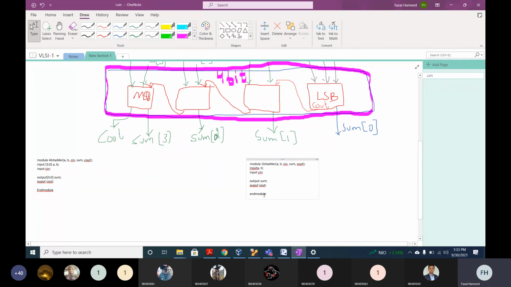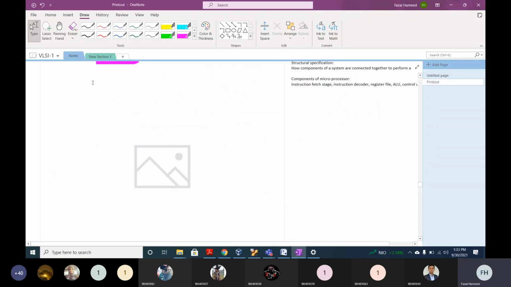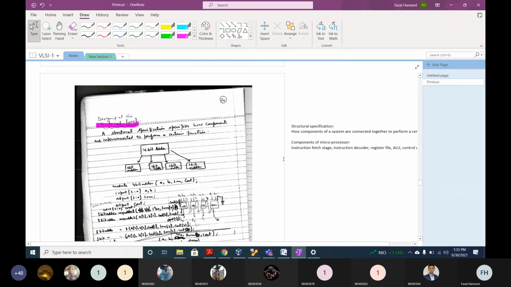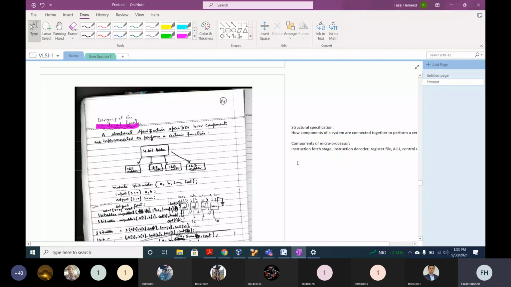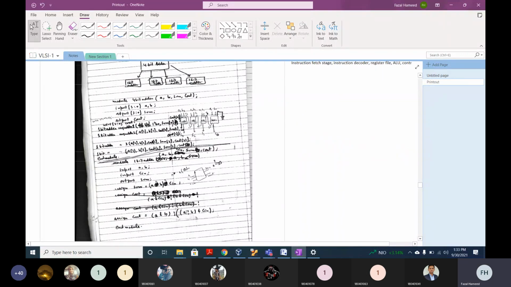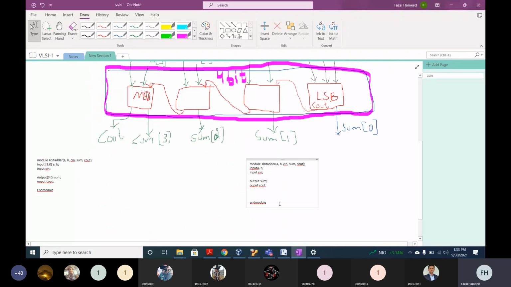Now we also have to describe the logic of this 1-bit adder. If you look at page 14 of the notes, these are the logic expressions for the 1-bit adder. I'm rewriting it here.